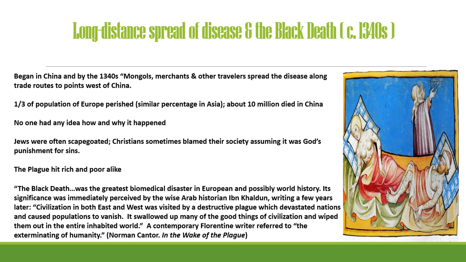It swallowed up many of the good things of civilization and wiped them out in the entire inhabited world. Khaldun probably said it more eloquently and succinctly than anyone could, and that was written centuries ago. A contemporary Florentine writer, meaning from Florence in Italy, referred to the exterminating of humanity. He said it exactly that way.